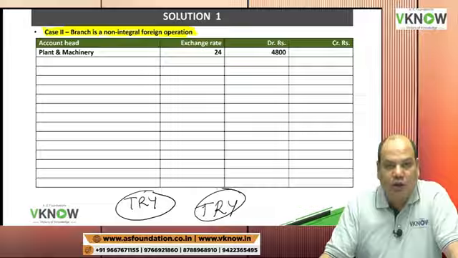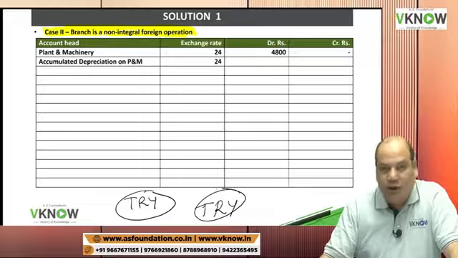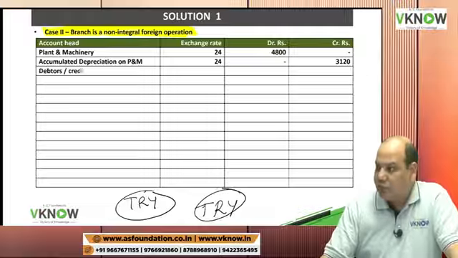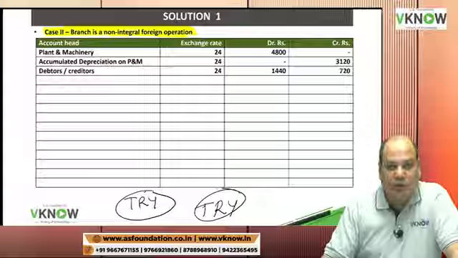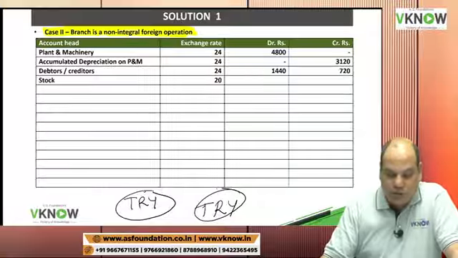Everything at closing rate, assets and liabilities at closing rate. Accumulated depreciation also 24 into 130, 3120. Debtors and creditors, same figure, copy from integral. No need to calculate again.